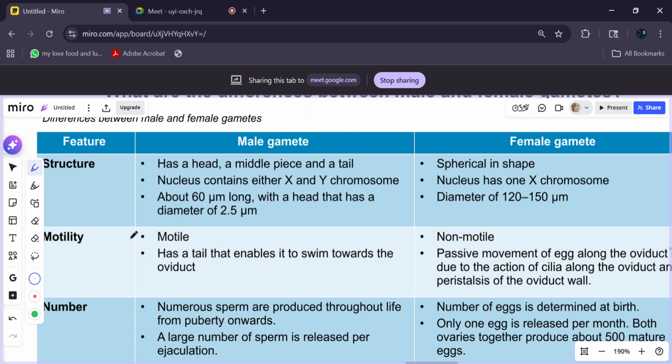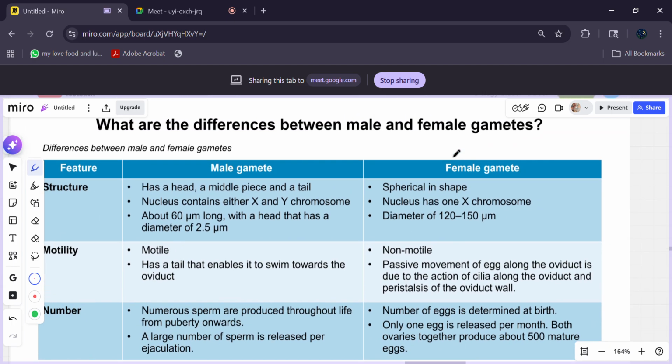The male gamete has a head, a middle piece, and a tail, but the female gamete is spherical in shape. It's an egg, so that means it's a circle. Another difference is that the nucleus contains either the X or Y chromosome in the sperm cell, while in the female gamete, the cell only contains X chromosomes.